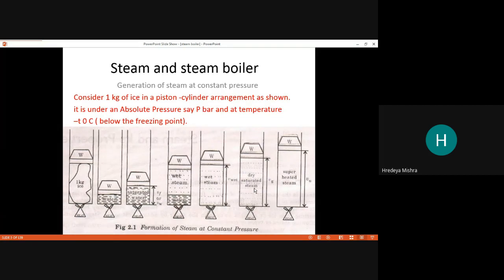After that, if we increase the temperature of the steam, this steam starts to convert to superheated steam. So this is the process: ice, water, saturated water, then the mixture of steam and water, then we get total water, total steam, then dry saturated steam, then superheated steam. This is the formation of steam at a constant pressure.